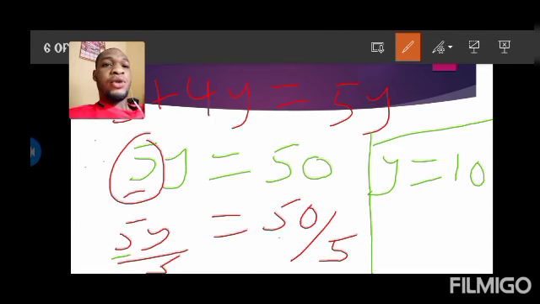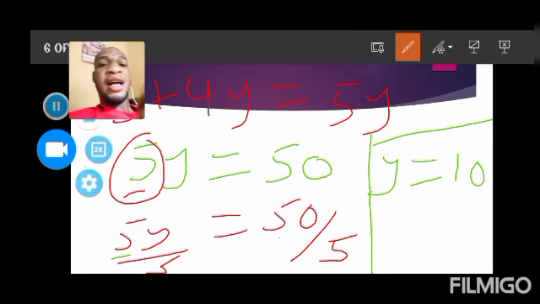When you go back to the beginning, the son's age is y, right? Y is 10. So if the son's age is 10, what will be the father's age?